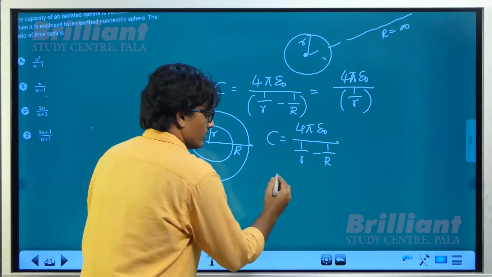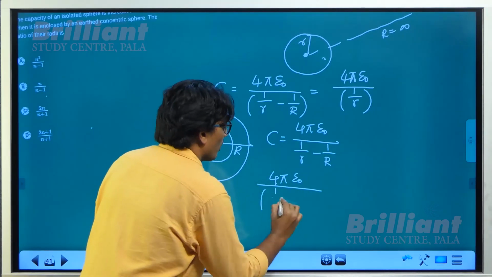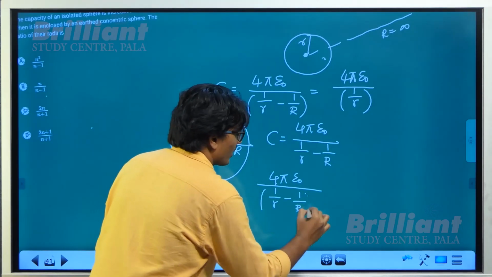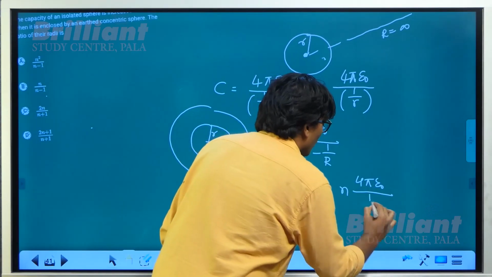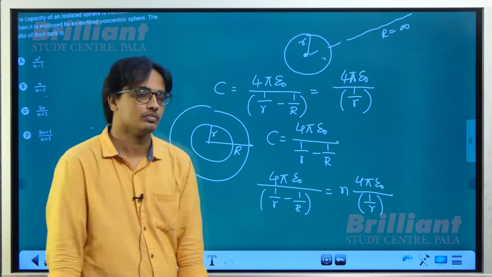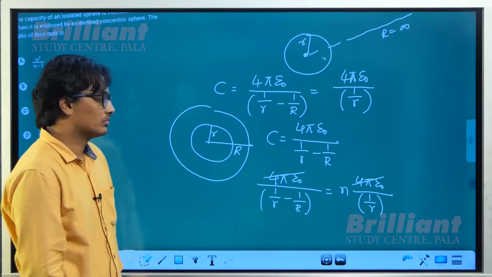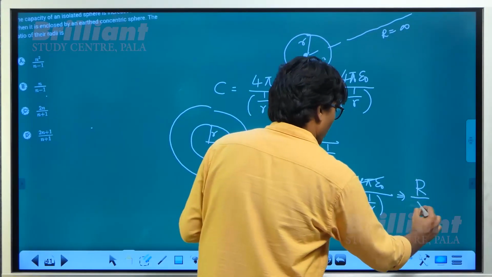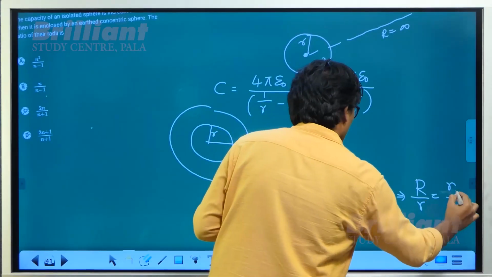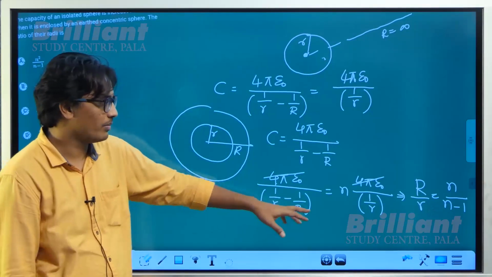So 4 pi epsilon naught (1 by r minus 1 by capital R) is n times 4 pi epsilon naught 1 by r. The 4 pi epsilon naught cancel. If you solve this, we'll be getting capital R by small r as n by n minus 1.